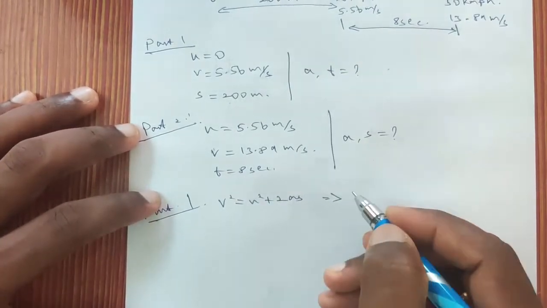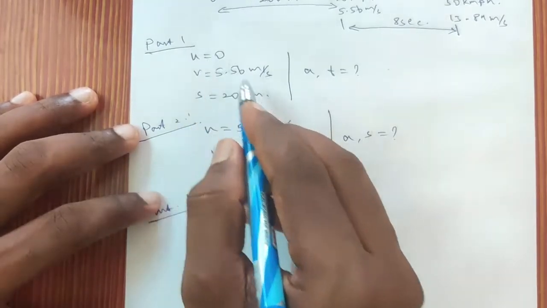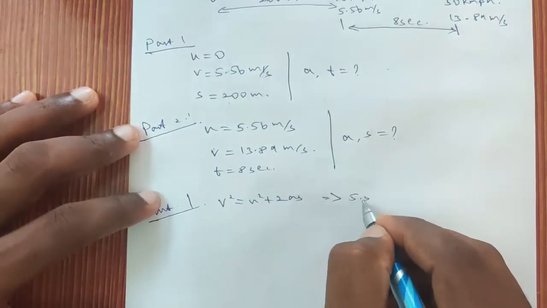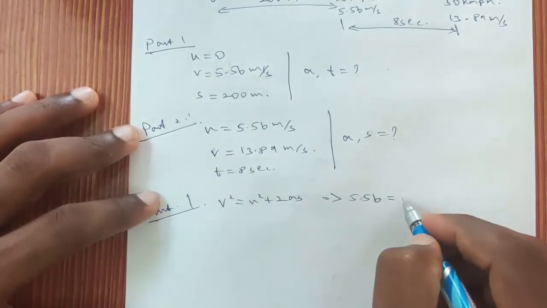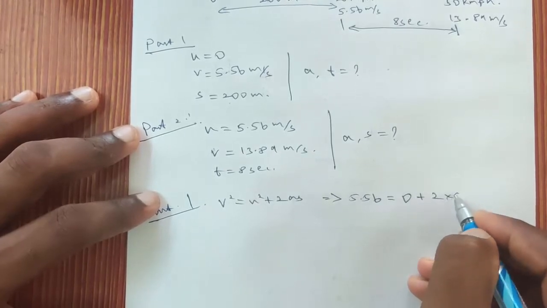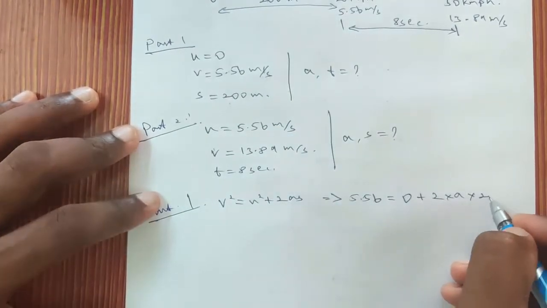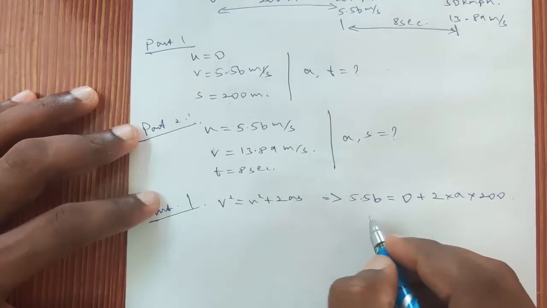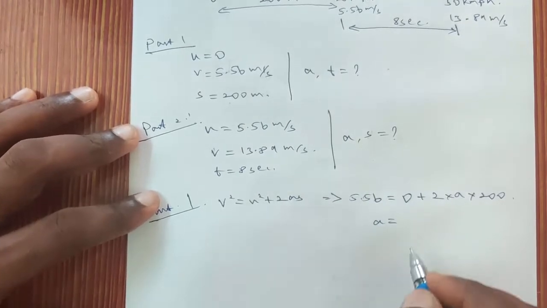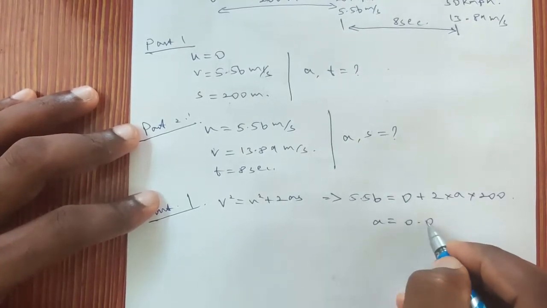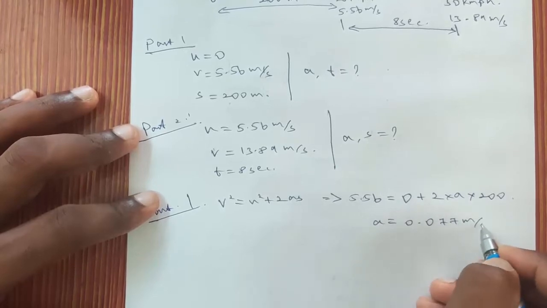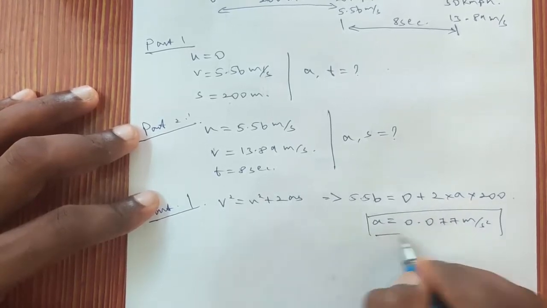If you substitute the values, v is 5.56, squared, is equal to u is 0 plus 2 into a into s is 200. If you solve this equation, you will get a is equal to 0.077 meters per second squared.